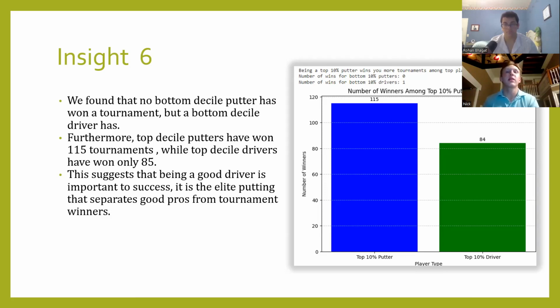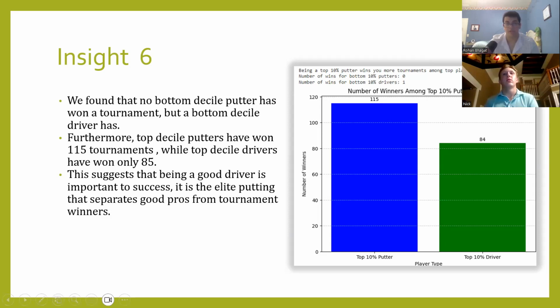And so, although insights 4 and 5 seem to show that driving does still play an important role, based off insights 1 through 3 and now this cap of insight 6, we've shown that putting is really the most important statistic in the field, especially at a PGA level.